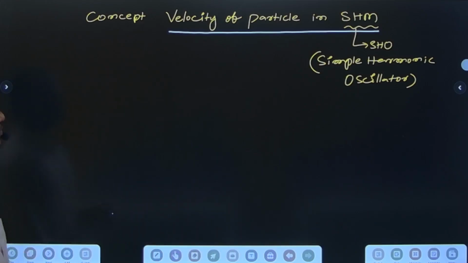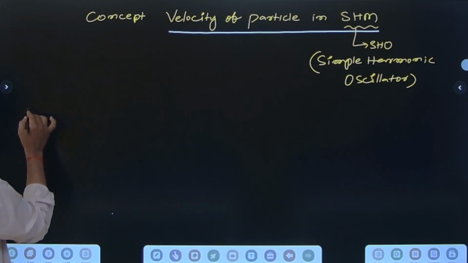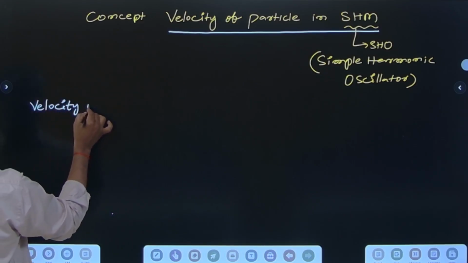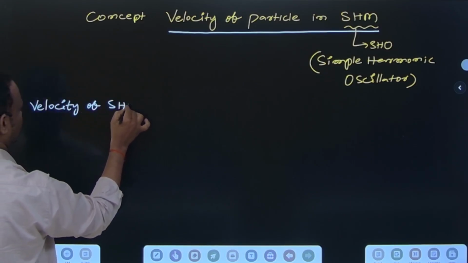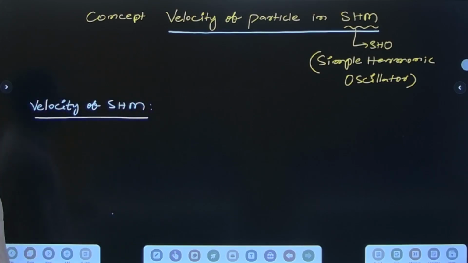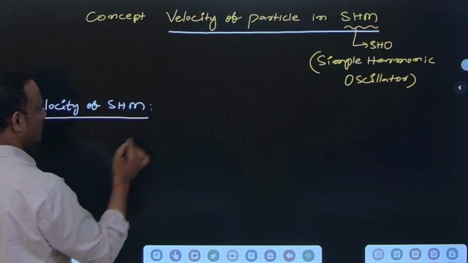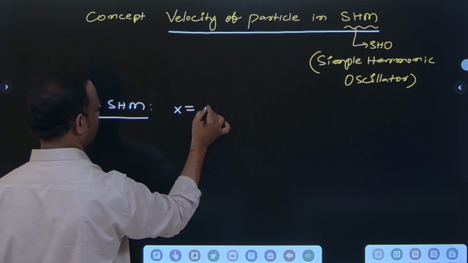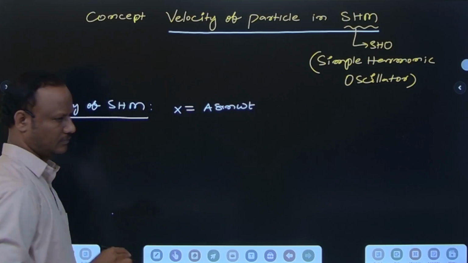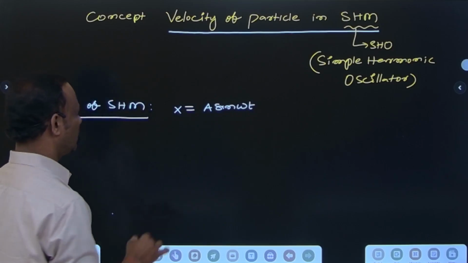So first one, what is the velocity of SHM? First let me know, what is the displacement given? Position. Position is X is equal to A sine omega t. If I want to know velocity, how should I get this one?